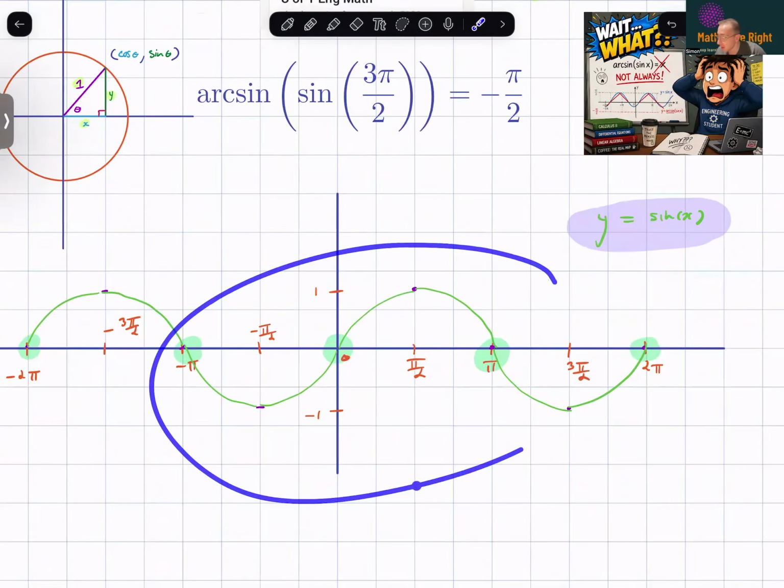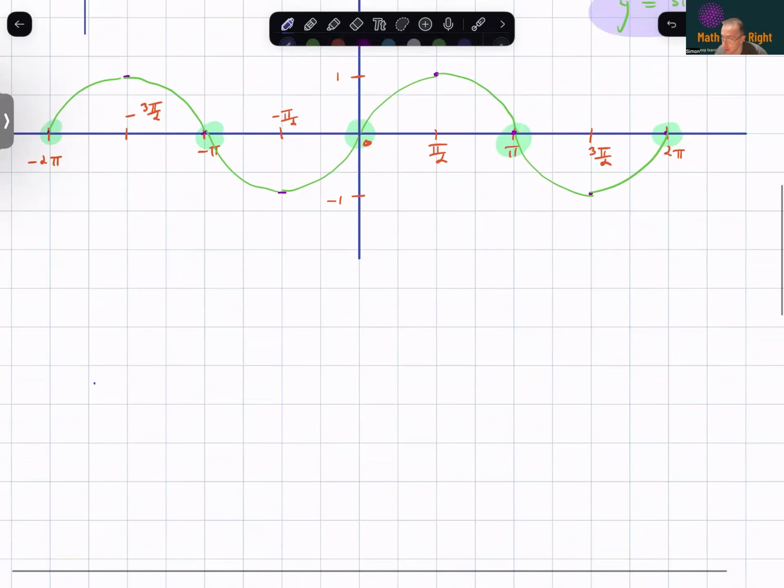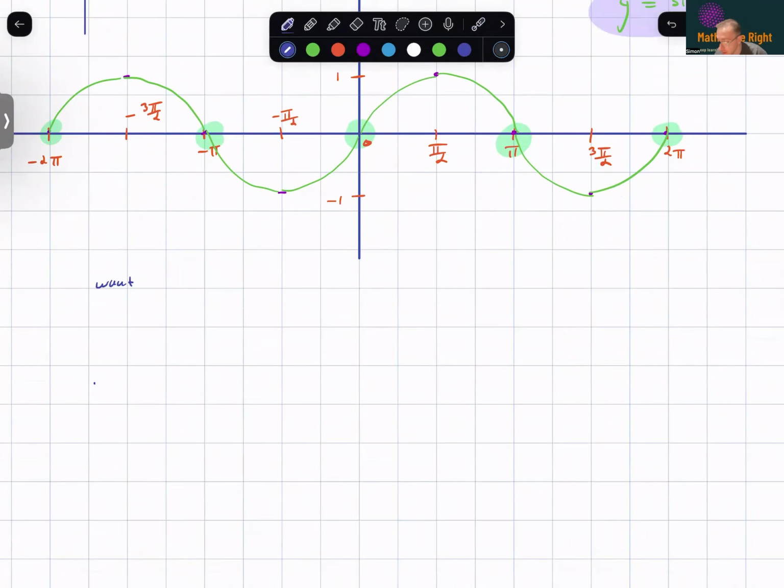So we have the sine function here, and we want to construct the arcsine function. And what do we want it to do?